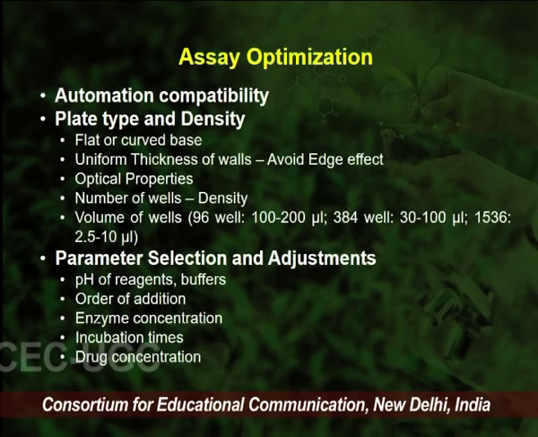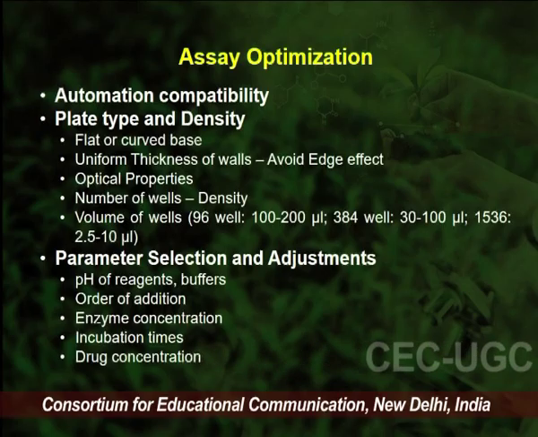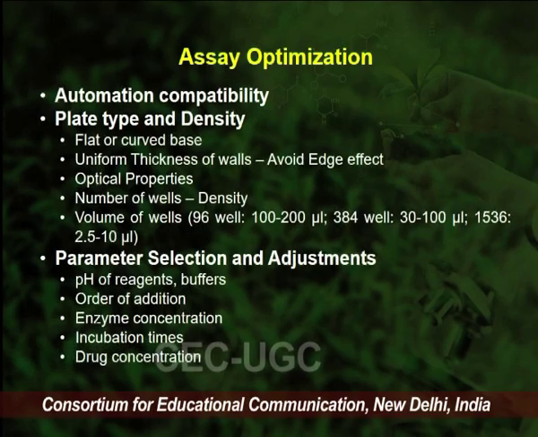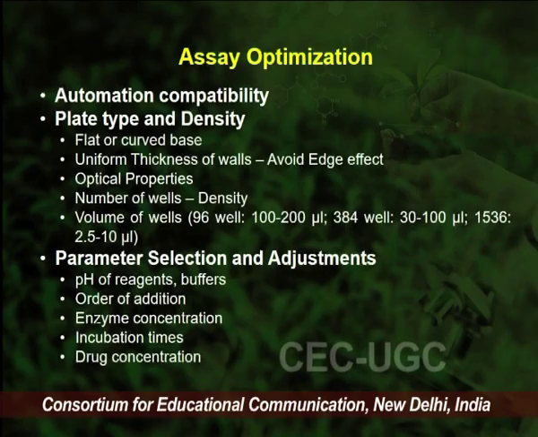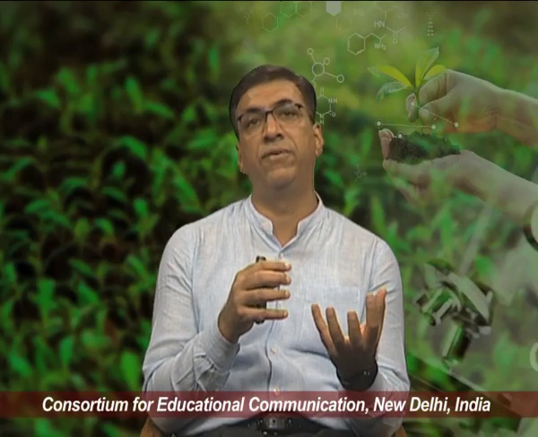Then the optical properties of the 96 well or whatever microplate you are using, because the majority of the assays you have seen use either fluorescence, electroluminescence or chemiluminescence as a detection. So the fluorescence that is produced from one well should not interfere with the results of the other well. That is why optical properties become important.